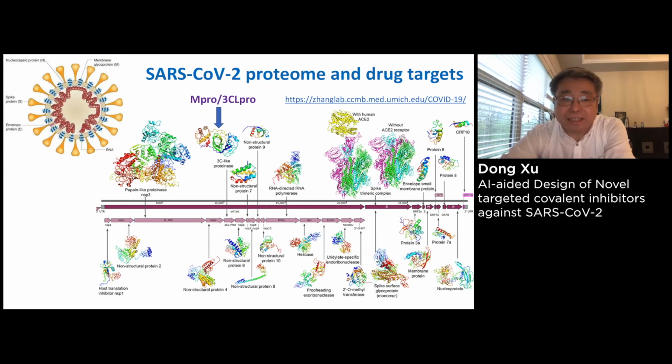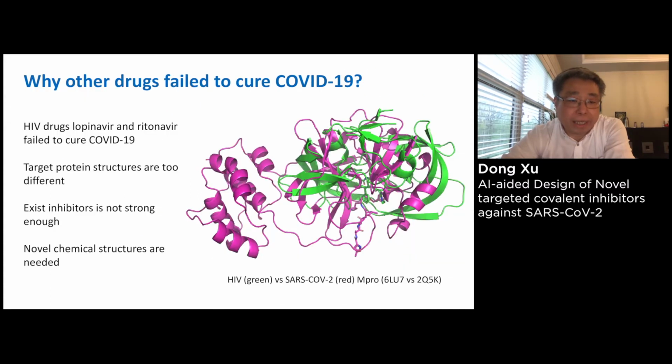A simple approach is to repurpose existing drugs for targeting this protein. People have tried HIV drugs, which have been very successful against HIV, but they have been shown not to be effective against the COVID-19 virus, because the structure of the M protease in HIV and in COVID-19 are dramatically different, as shown here.